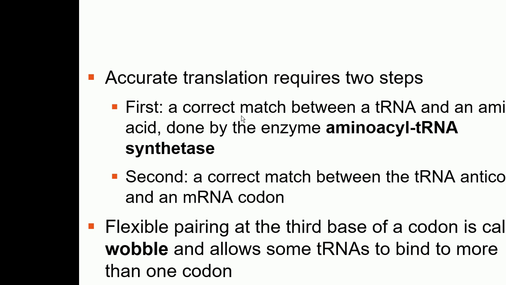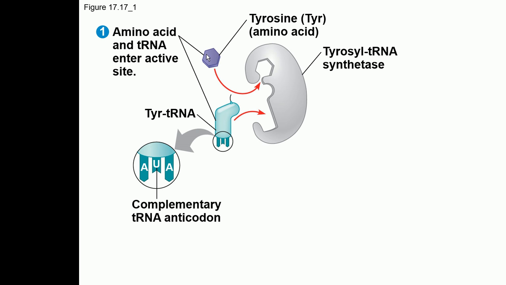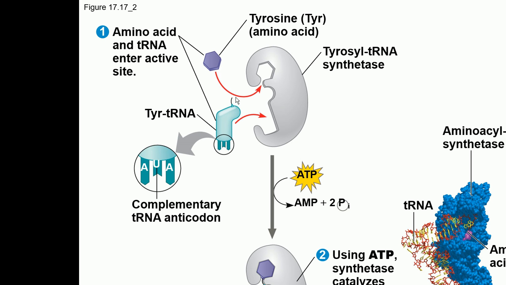You can see this is the enzyme, and the amino acid goes and binds here, and transfer RNA goes and binds there. You can see how the shape of the active site is complementary for the amino acid. So the amino acid binds here, transfer RNA binds here, and with the help of ATP, the amino acid is attached to the transfer RNA.